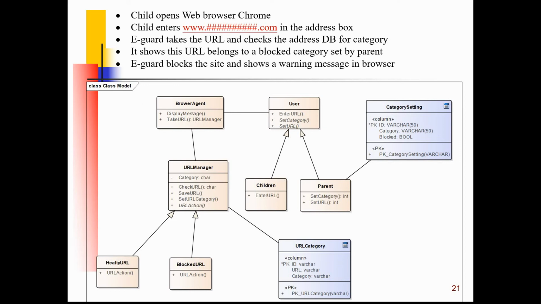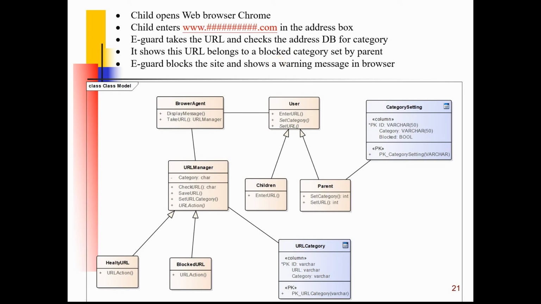Okay, let's look at the example I have from last week. Last week we had this class diagram, and I want to show you how I draw a sequence diagram to represent this use case. I explain how I come up with this class diagram, then we'll draw the sequence diagram using Enterprise Architect.